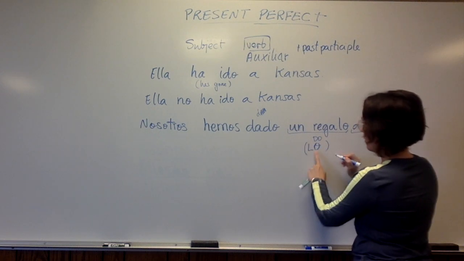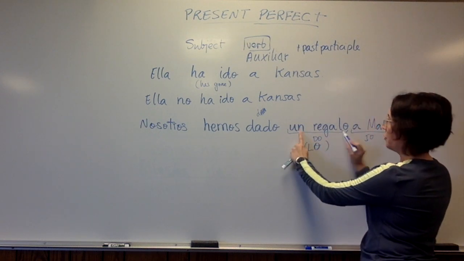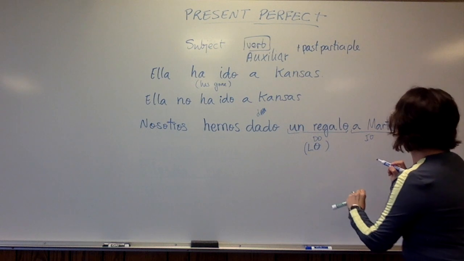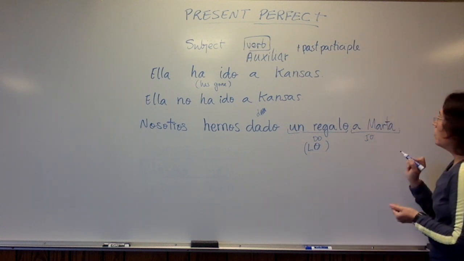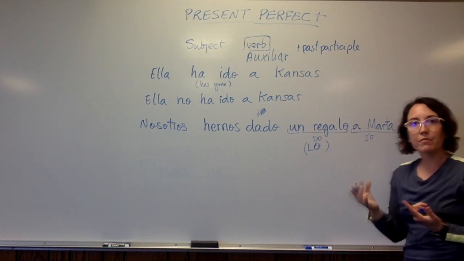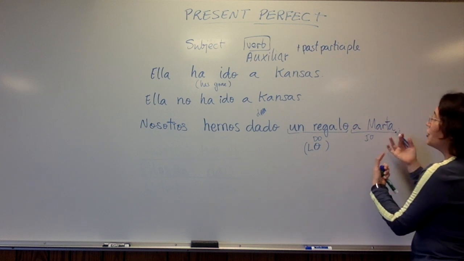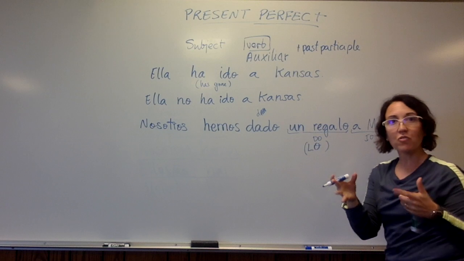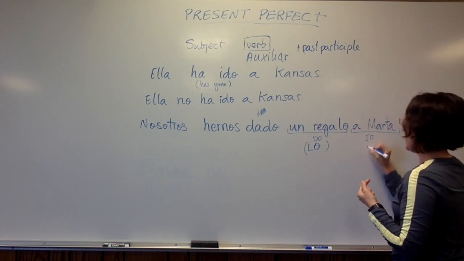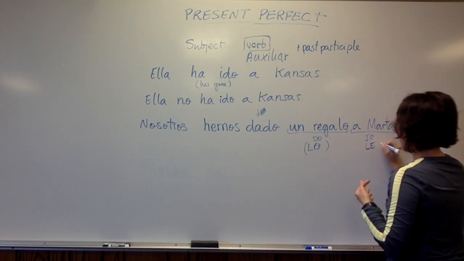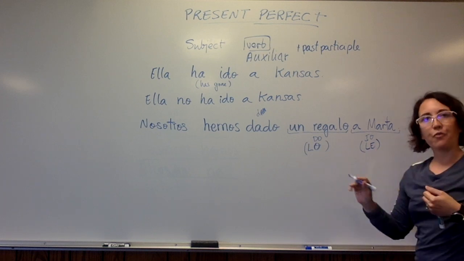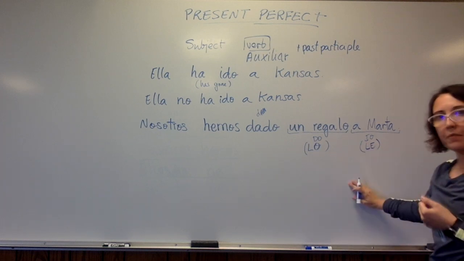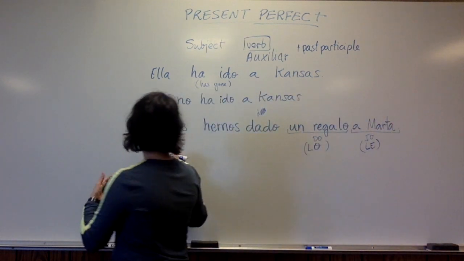Alright? Because it's singular and it's a masculine word, we know because of un. And a Marta, well, Marta is a girl, it's a she, so in the indirect object pronouns, if you look at your notes, you'll see that it's a le. So if we only substitute one of them at a time, in different sentences, we're going to see this.